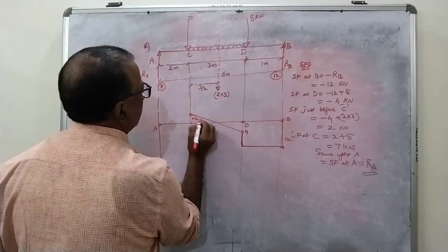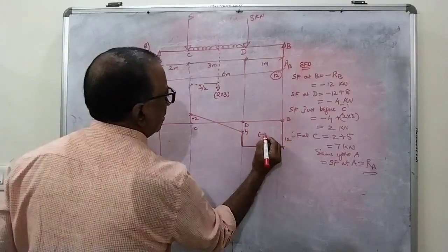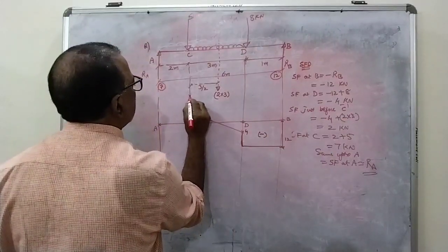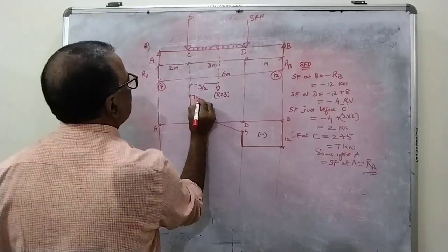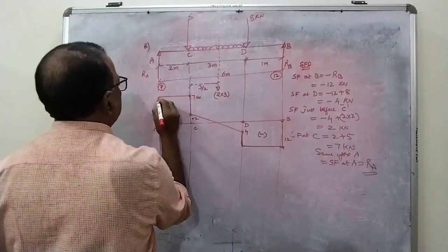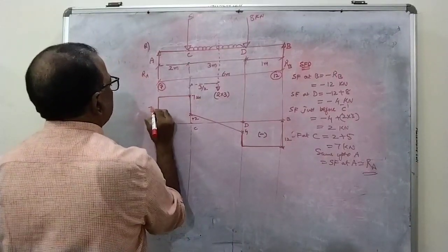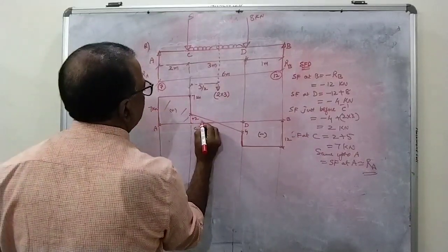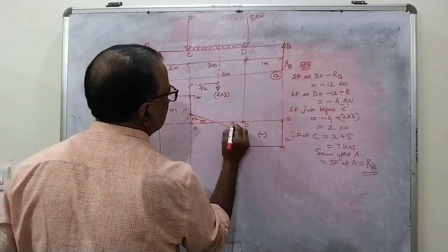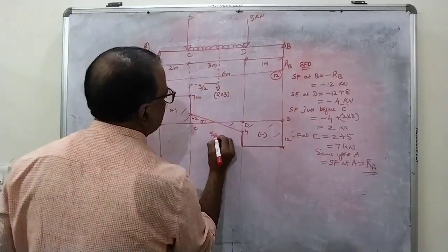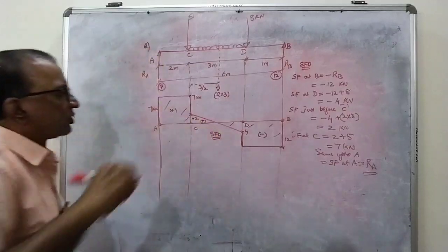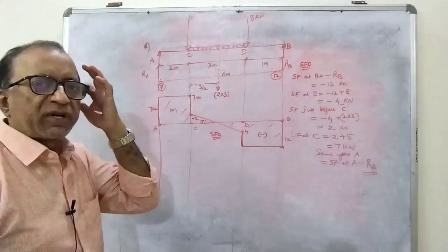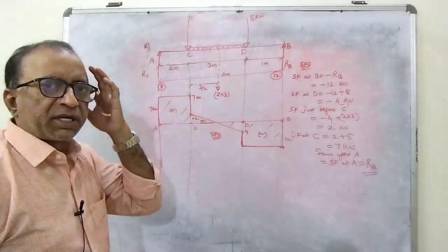This is plus 2, this is minus 4, and at C it has increased to 7, remaining same up to A, 7 kilonewtons. Positive, this is negative. So this is the variation of shear force when you start your journey from right hand to the left hand or left hand to the right hand.